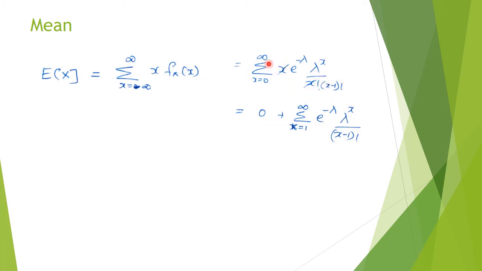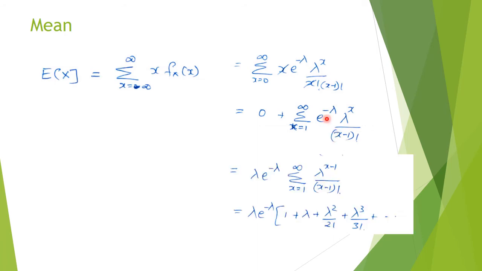When x is equal to 0, this entire term becomes 0, so the remaining sum is x equal to 1 to infinity. Now x cancels with x factorial, since x factorial is x into x minus 1 into x minus 2 and so on, up to 1. When x cancels, the remaining term is x minus 1 factorial only.